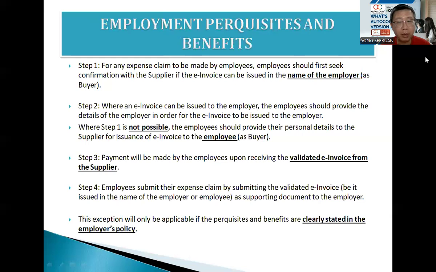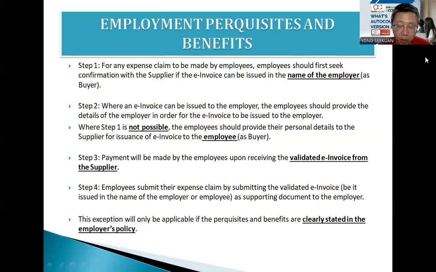So, employment benefit. That is very easy. I highlight some of the main points in this guideline. First, your invoice should be under your company name, the employer. If that is not possible, then in step two, the invoice should be under your employee.